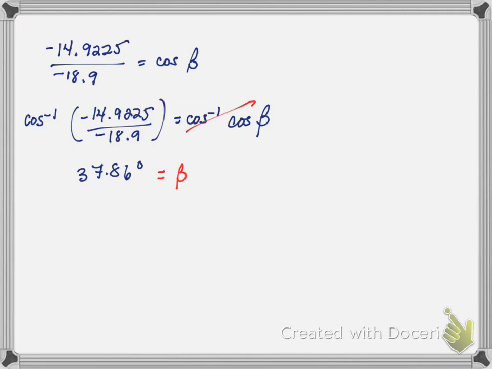Now, if you notice on the answer key, it takes it to 1 decimal place, so 37.9 degrees is angle B. Okay, at this point you have two choices.